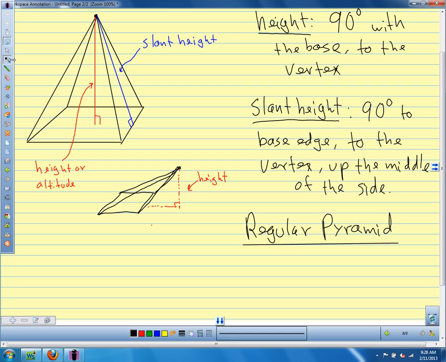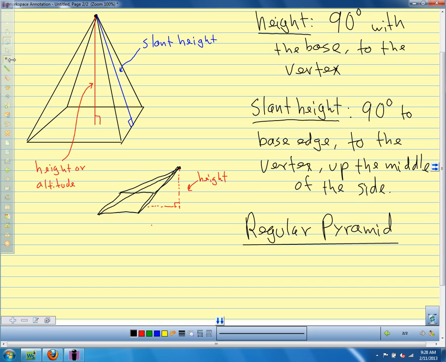Evangelique says it has something to do with the sides being the same. But when we said a shape was regular, what were we talking about? What did we mean about that shape?